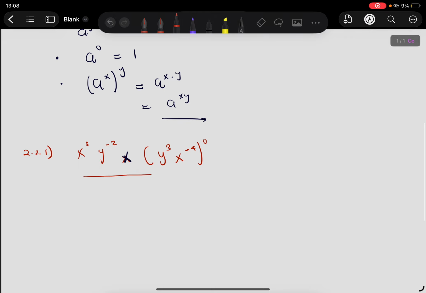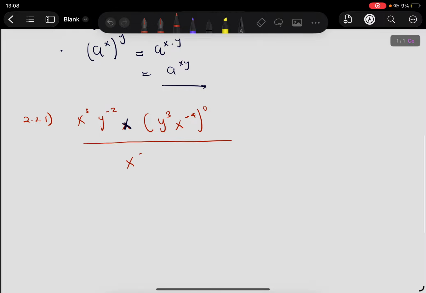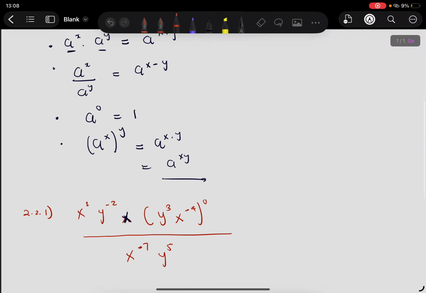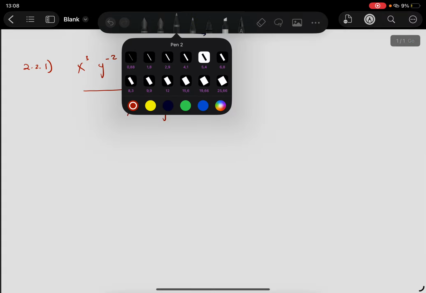Perfect. All over x to the power of negative 7 and y to the power of 5. Okay, cool. Just copying the question there. Right, so we need to simplify this expression.